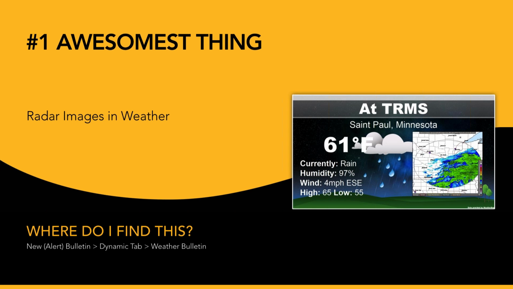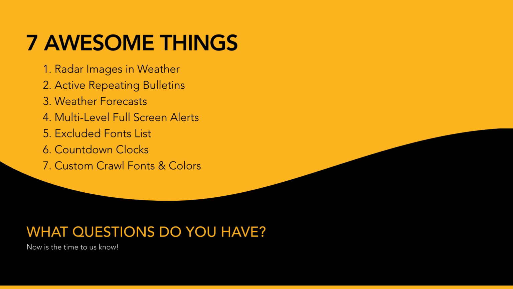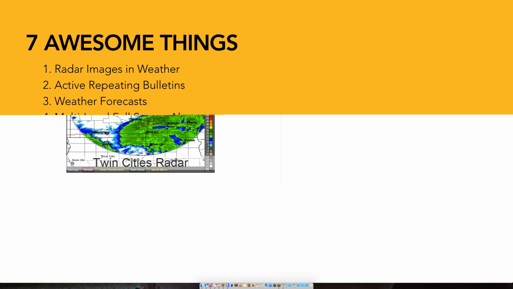So there are, at least what I feel are, 7 awesome things that we can do in Carousel. Number 1 being radar images and weather to give you that extra little boost. Active repeating bulletins are a great way to put information up on the screen more or less often as you need to. Weather forecasts are another great value you can add to a small zone, just a subtle change.